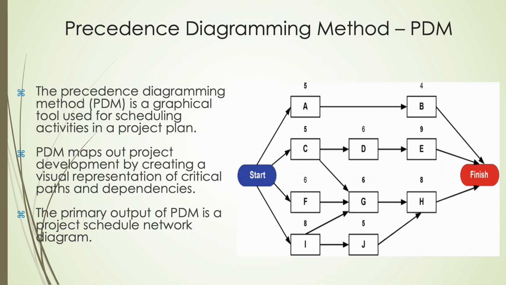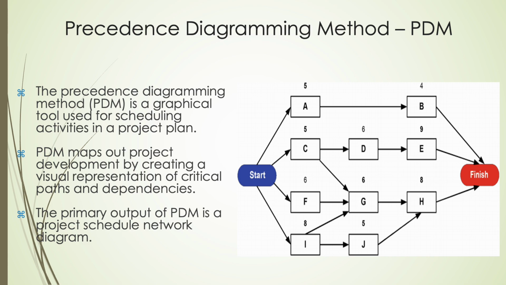The precedence diagramming method is a visual scheduling tool used to plan project activities by illustrating their sequence and interdependencies. Each task is represented as a node connected by arrows that show the logical relationships, helping project managers to structure workflows clearly. PDM is essential for identifying the critical path, which highlights the sequence of tasks that directly impacts the project's completion time.